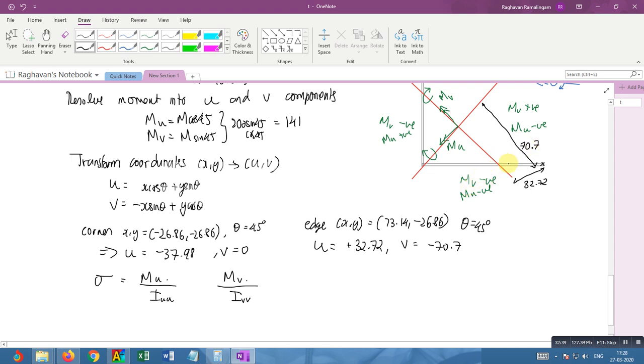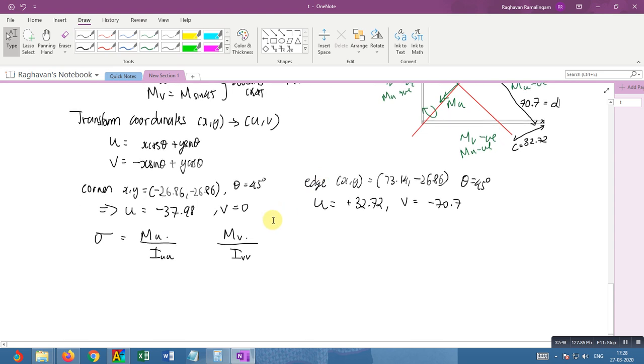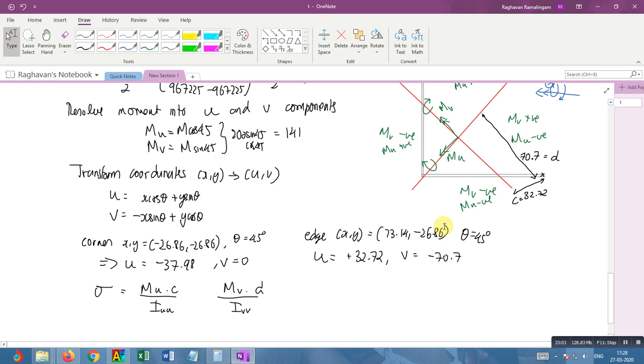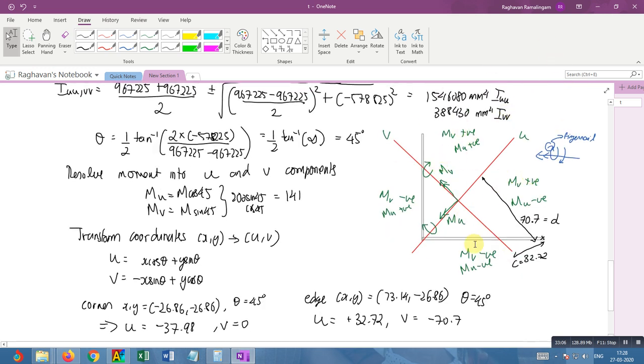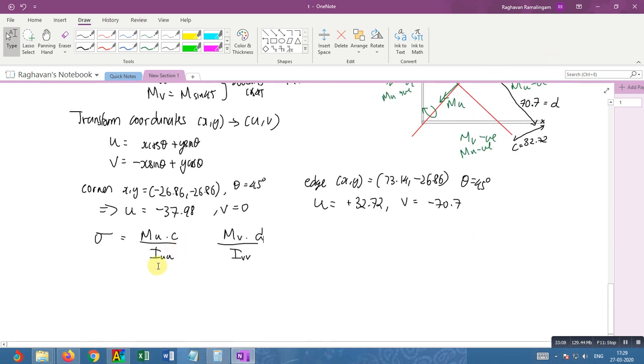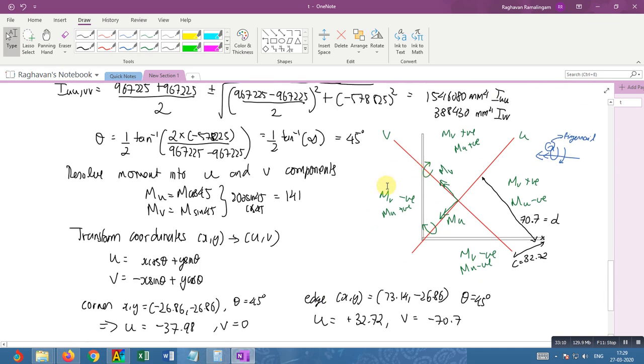So anything measured along the u direction, I'll name it as c, and anything measured along the v direction, I'll name it as d. The reason I'm using c and d is so that I don't by mistake include the minus sign. The plus or minus sign for these terms will be decided based on where in the quadrant they lie.